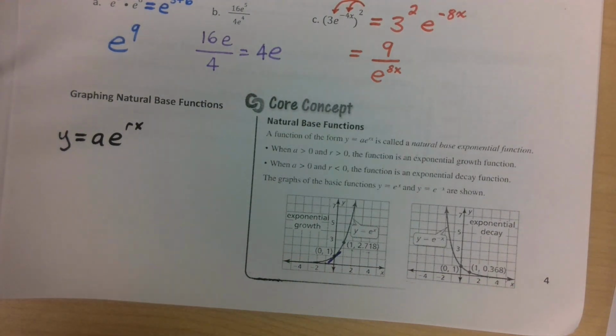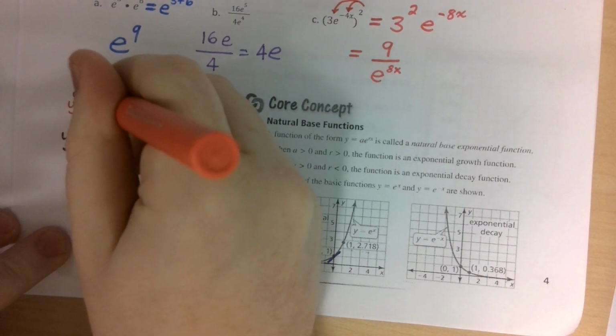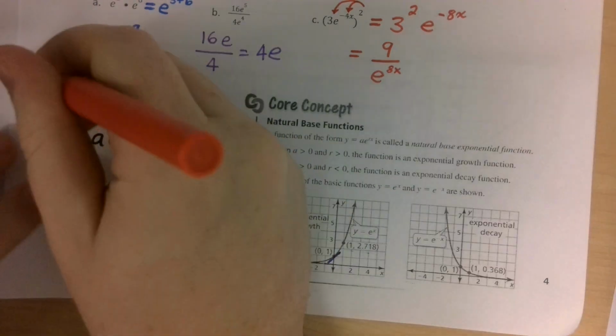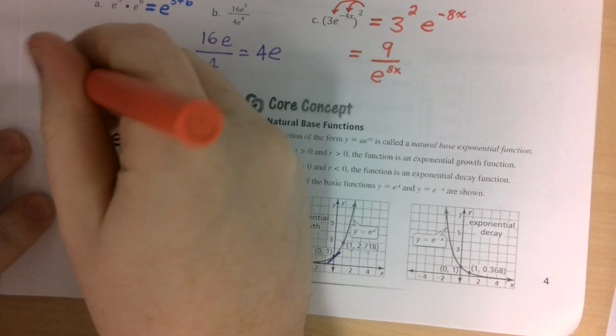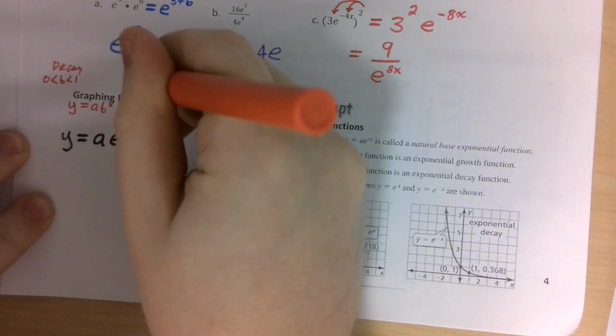This looks a lot like our regular exponential, y equals a b to the x. In the former, b controlled whether it was growth or decay. If b was in between 0 and 1, it was decay. And if b was bigger than 1, it was growth.